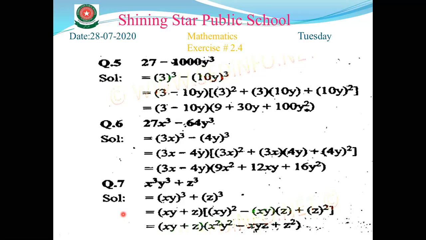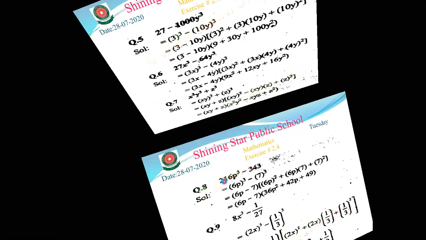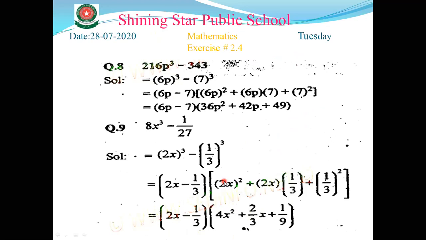Here a is xy, b is z. (xy) square minus xy multiplied z plus z square. So it becomes x square y square minus xyz plus z square, which is your required answer of question number 7. So simple.